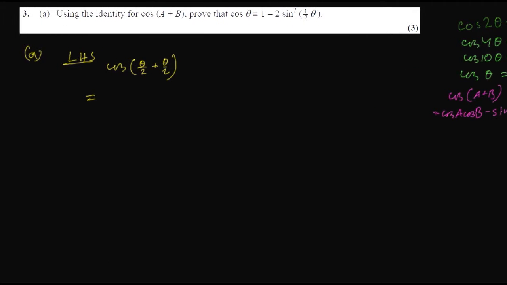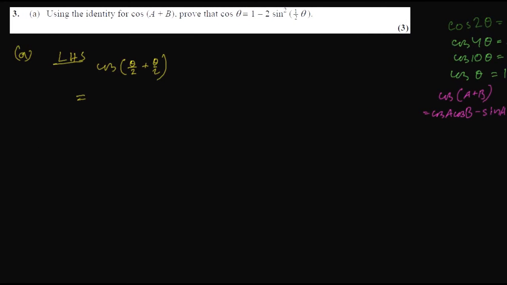It will be very useful if you remember this and you can do it very quickly. So this would be cos theta by 2 cos theta by 2, remember cos a cos b, here a and b is the same, minus sine theta by 2 sine b is also the same, sine theta by 2. So cos theta by 2 into cos theta by 2 is cos squared theta by 2, minus sine theta by 2 into sine theta by 2 is sine squared theta by 2.